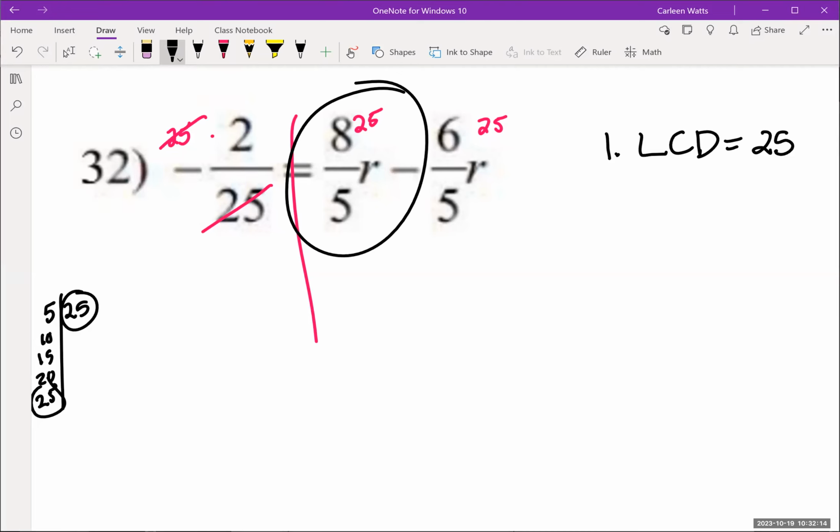What's going to happen with a 25 on top and only a 5 on the bottom? All right, so divided by 5 is 1. 25 divided by 5 is 5. Notice the 25 is canceled out and replaced with the 5. Okay, I'm going to do the same thing here. Divide by 5 is 1. Divide by 5 is 5.